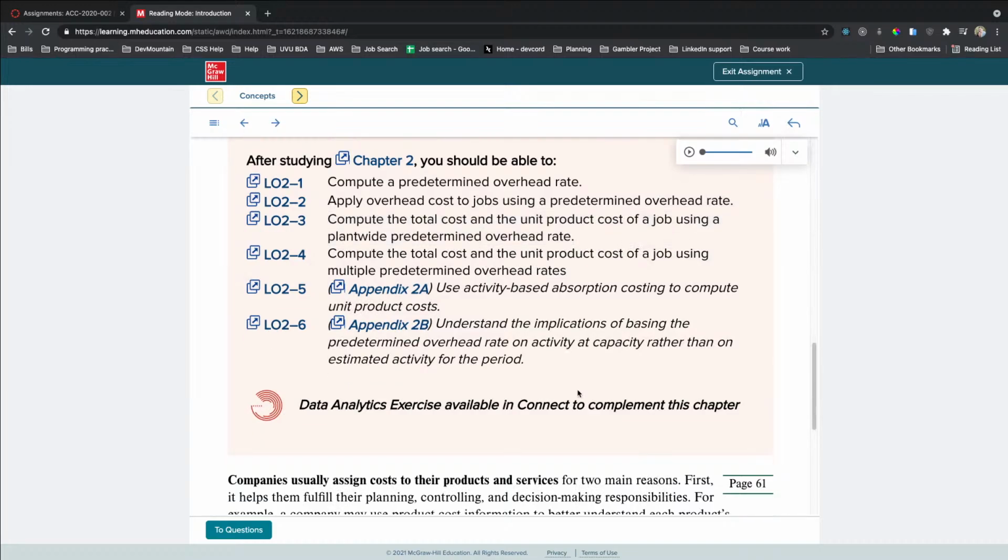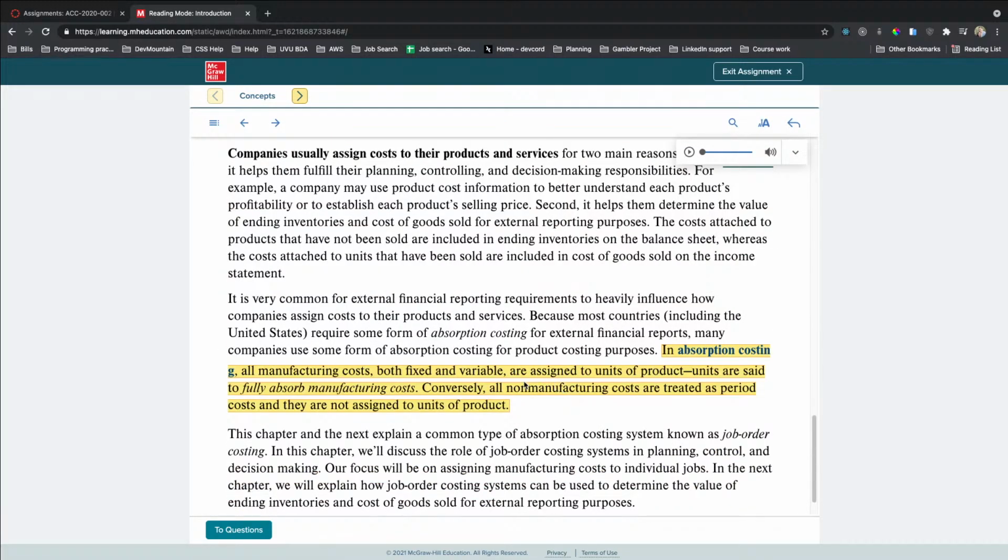Sounds like this is gonna be a lot of math. I mean, it kind of makes sense though, right? You need to make sure that you're not losing money every sale you make.